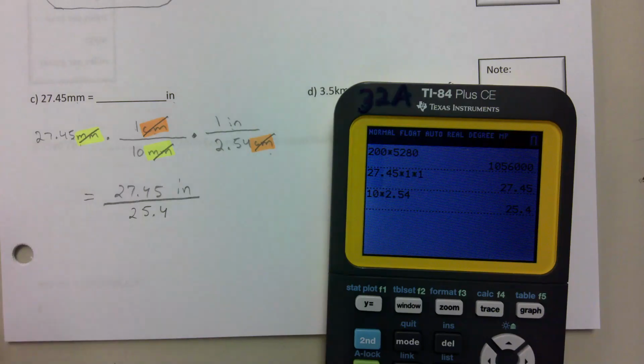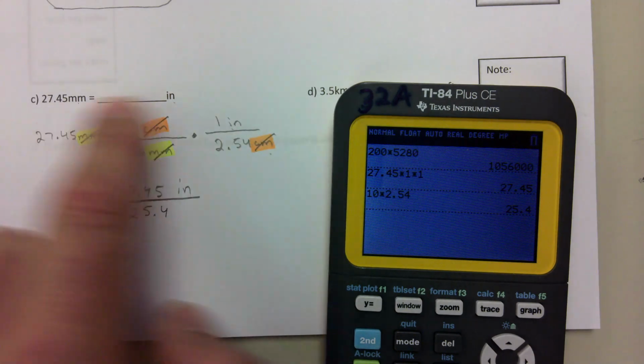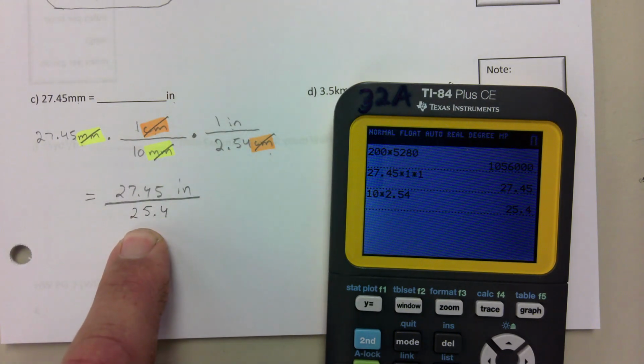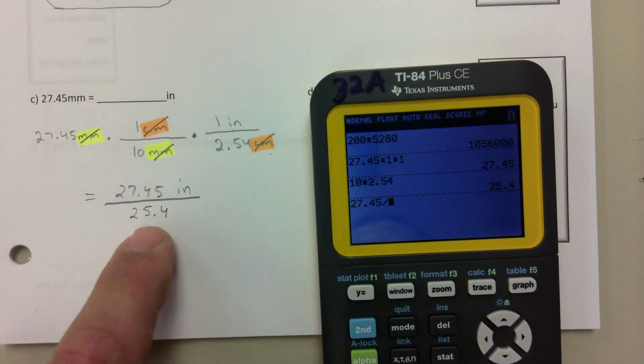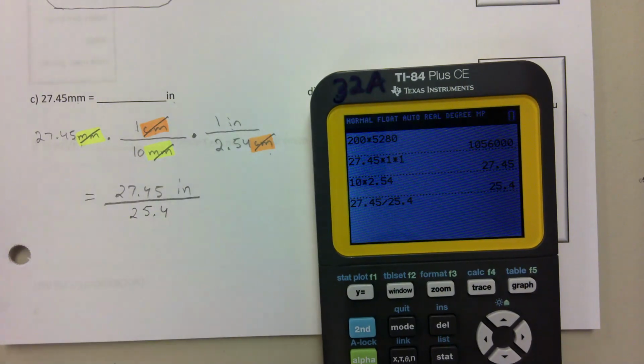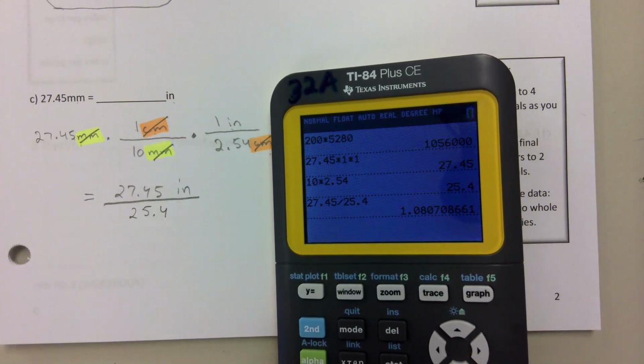25.4, okay? And now, before you answer, because a lot of students do this right, but they get their final answer wrong for some reason. So I'm going to go 27.45 divided by 25.4. Once I've multiplied the numerator and the denominator, I get 1.08. Okay?